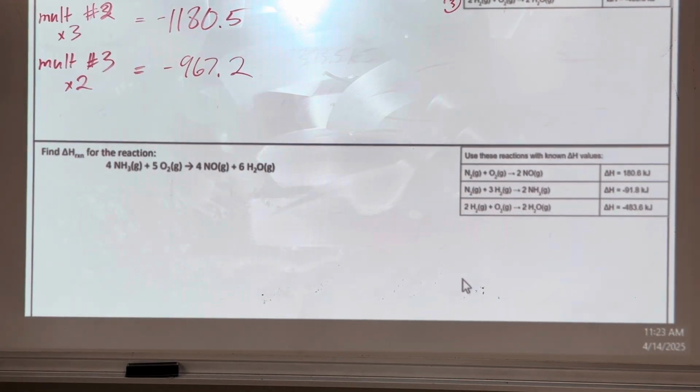Now you've got the 3 equations, how they were manipulated, and then you've got the values that correspond to that manipulation, and you just add them all together.